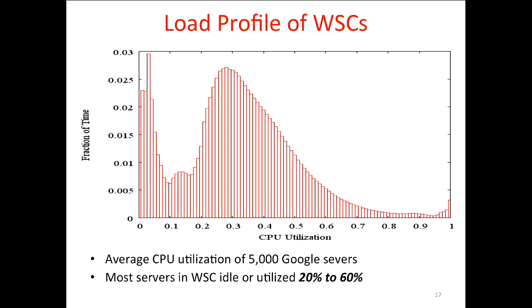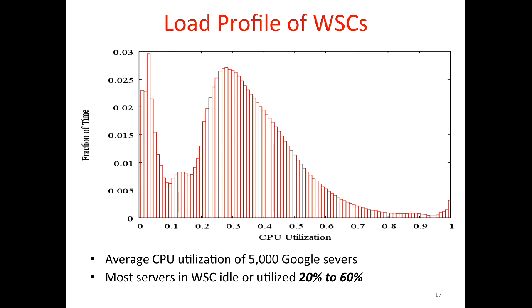So usually, the servers spend most of their time in idle status here, or the servers are only utilized from 20% to 60%. So it's not utilized fully. It's rarely utilized fully, as you can see here, right?